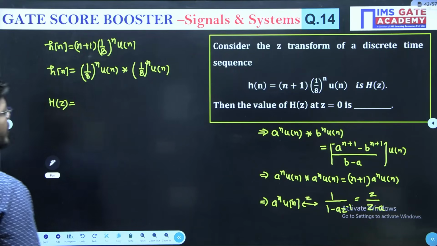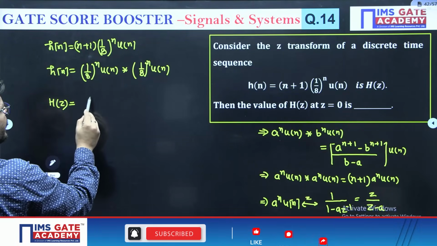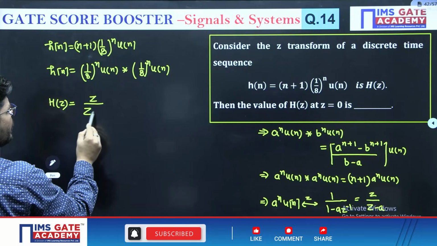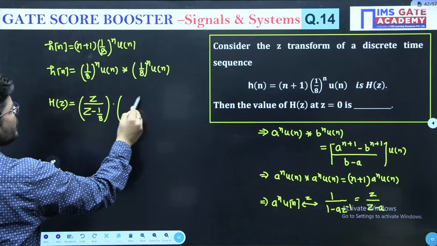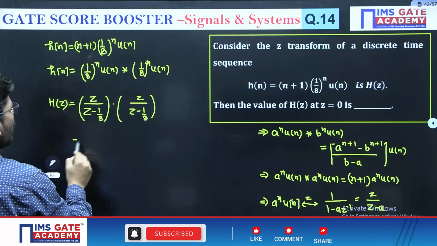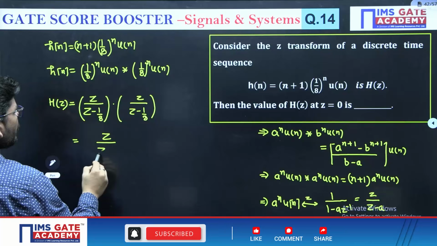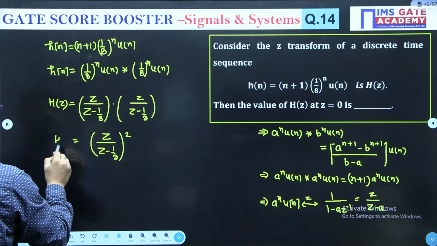By using this result, and since convolution in time domain is multiplication in frequency domain, I will get z upon z minus 1 by 8 for this, into z upon z minus 1 by 8 for this also, or it will become (z upon z minus 1 by 8) whole square.